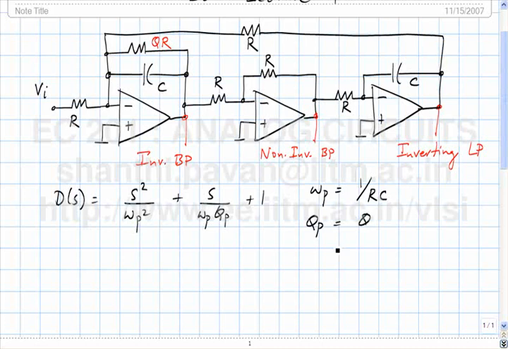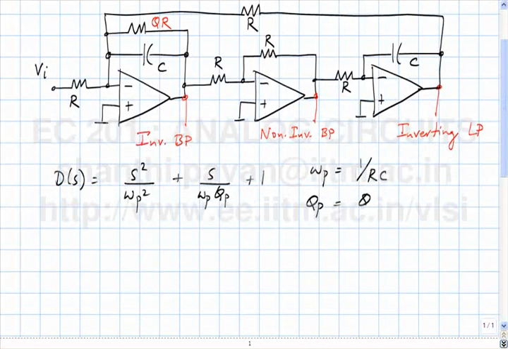Such a circuit which implements a second order denominator is often called a biquadratic section, or a biquad for short.